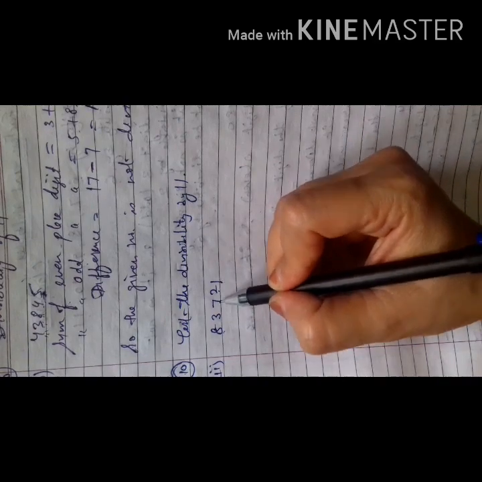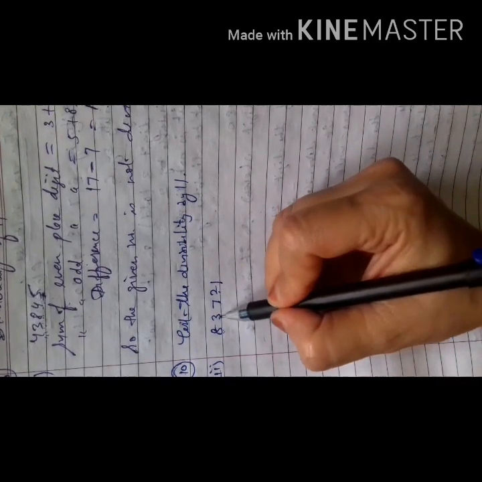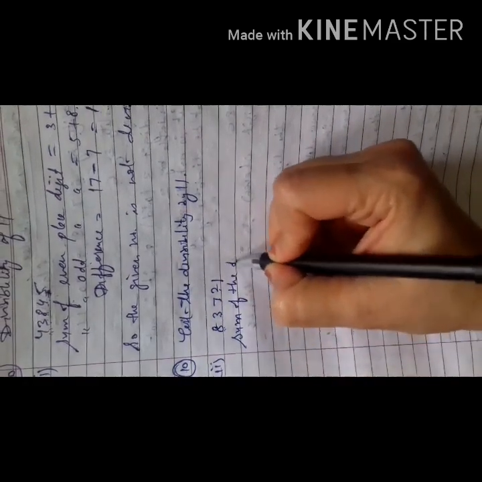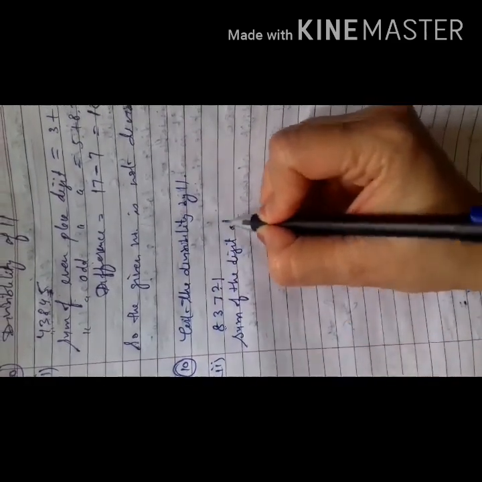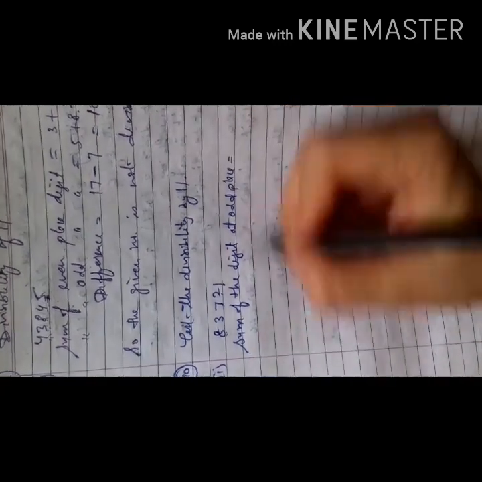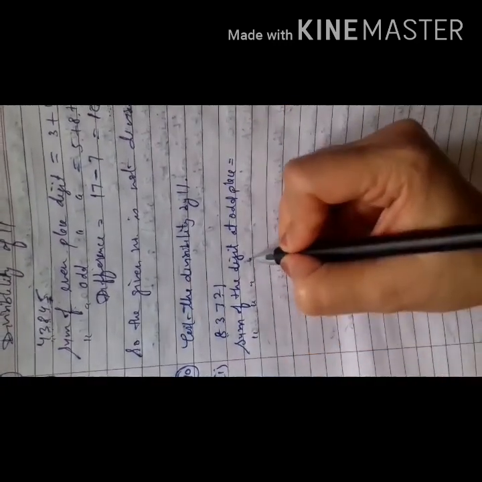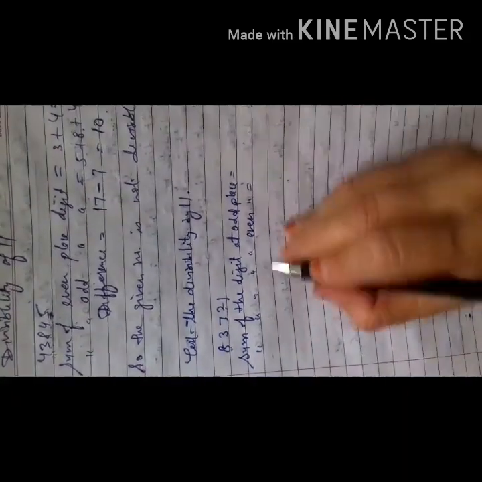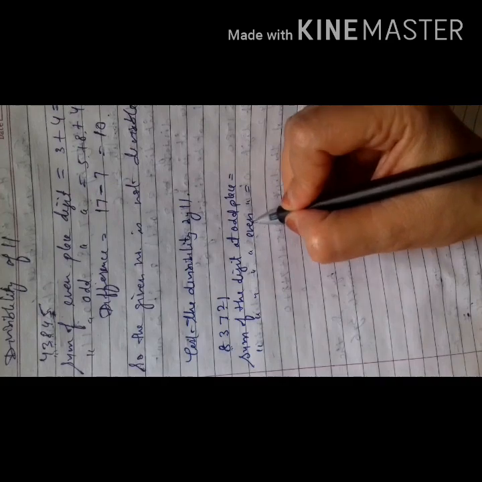Odd places are this, this and this, and even places are these. So take the sum of the digits at odd places and the sum of the digits at even places.